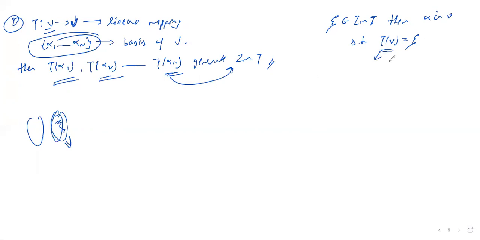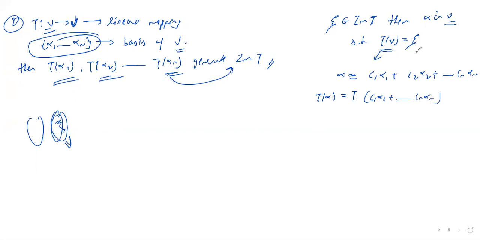Now as alpha is a vector in V and the corresponding basis of this vector space V is alpha 1 to alpha n, I can write alpha as a linear combination of these basis vectors. That's what a basis is all about. So alpha equals C1 alpha 1 plus C2 alpha 2 up to Cn alpha n, for the Ci's as scalars. Now by taking the transformation, T of alpha equals T of (C1 alpha 1 plus ... plus Cn alpha n).